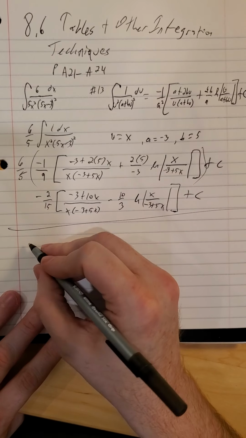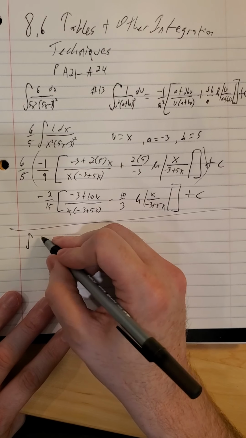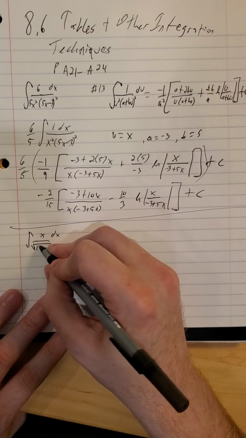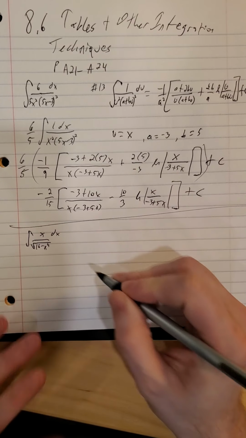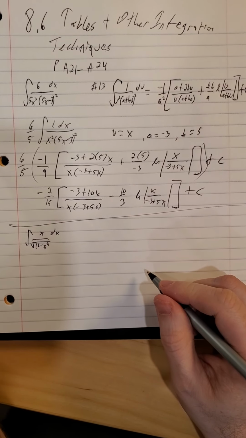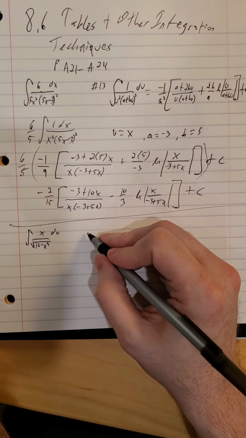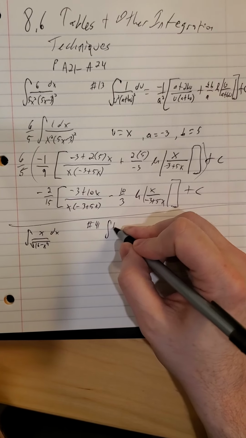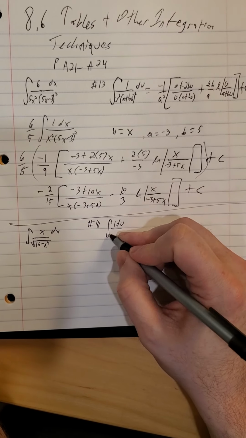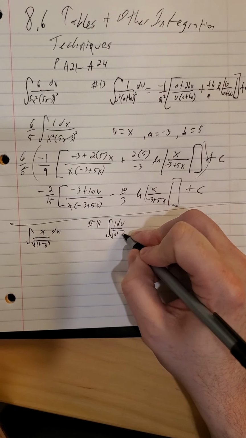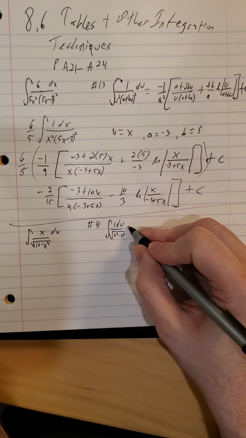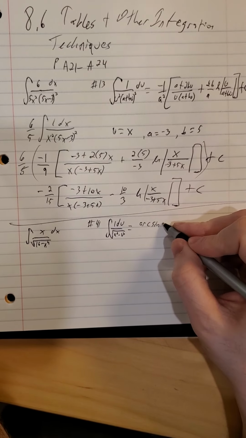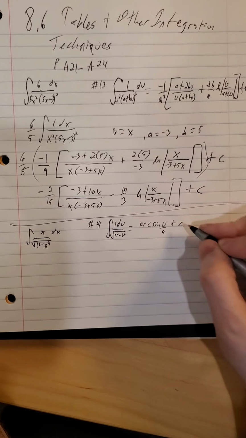Our second one, we're looking at the integral of x dx over the square root of 16 minus x to the 4th. So closest is number 41, which says integral of 1 du over square root of a squared minus u squared is worth arc sine of u over a plus c.